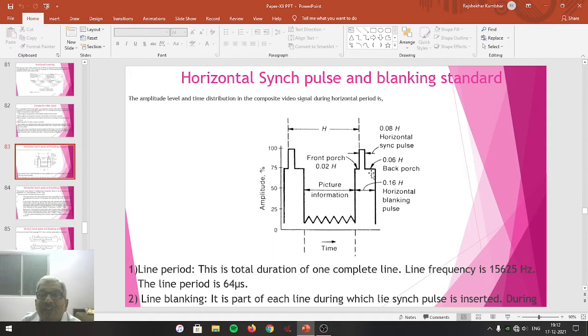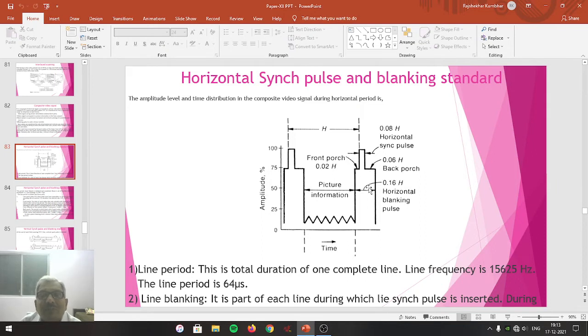The back porch has a width of 0.06 times the horizontal line, whereas the total blanking pulse has a width of 0.16 times the horizontal line. These are the standards associated with the horizontal sync pulse and also the blanking pulse.